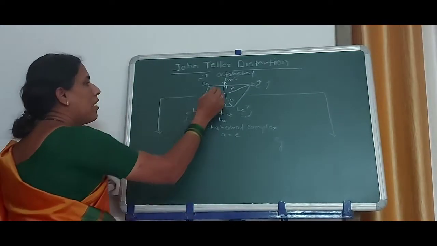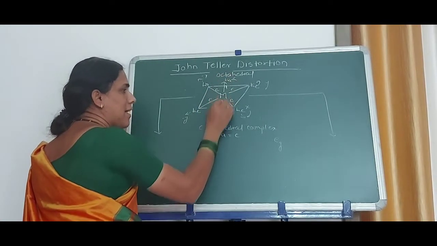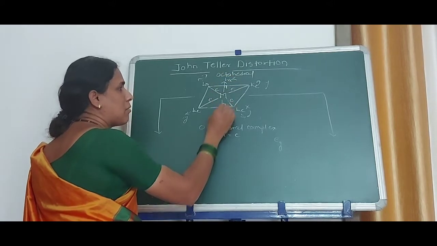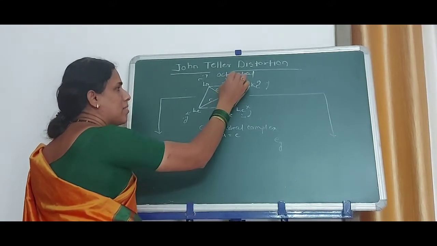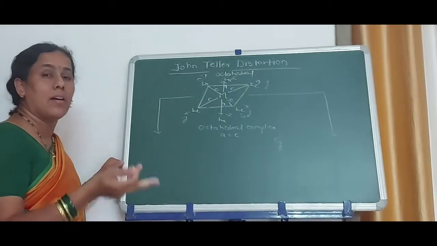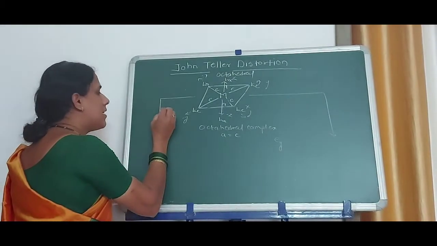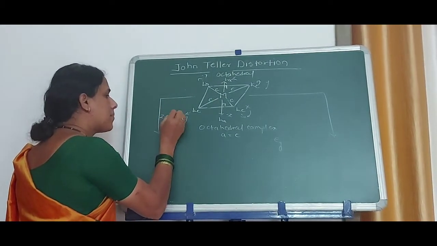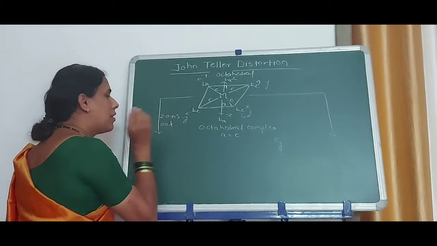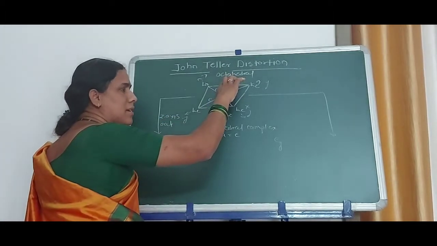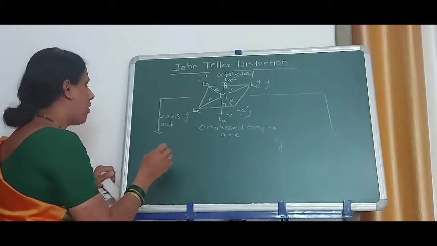Now, this is the Z axis. When the two ligands located axially on the Z axis move to a longer distance, that is, the Z axis distance is increased, what happens?